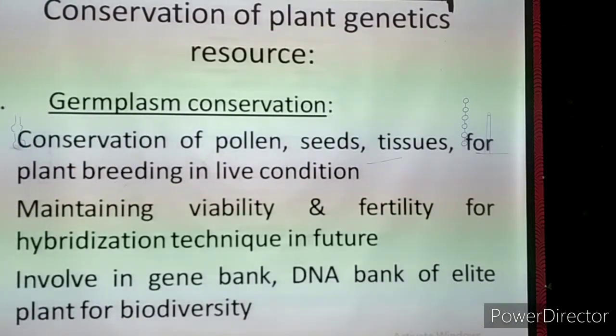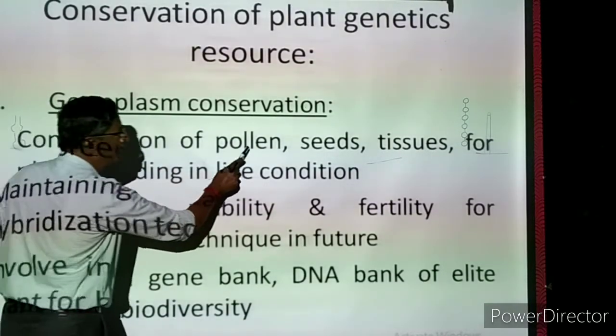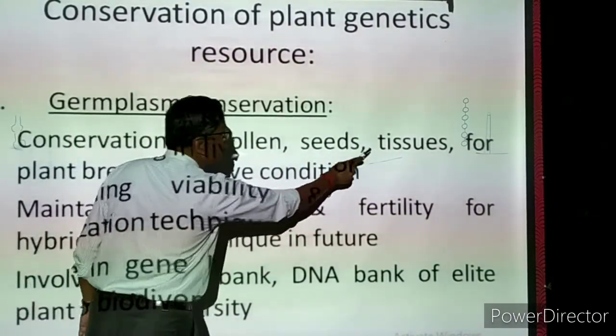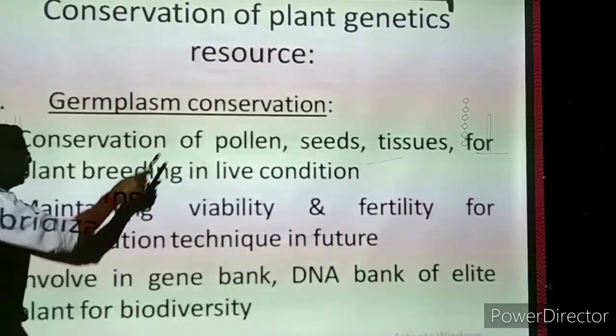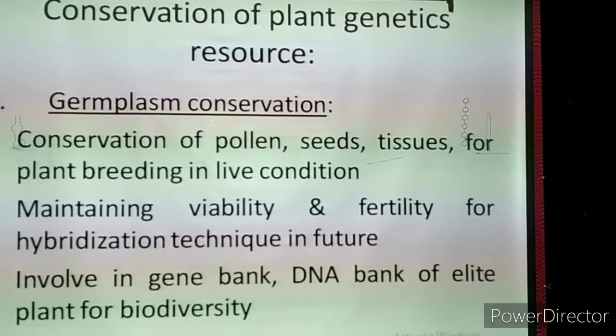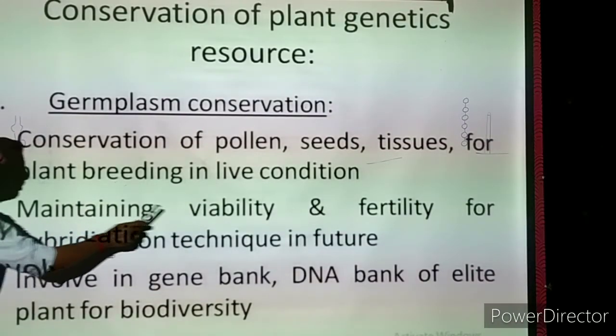For that, what are we doing? Conservation, that is protection, of pollen, seeds, tissues for plant breeding. These must all be conserved. We have to protect them for plant breeding and reproduction in live condition, maintaining the viability.